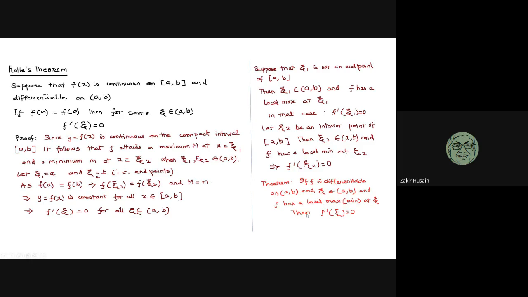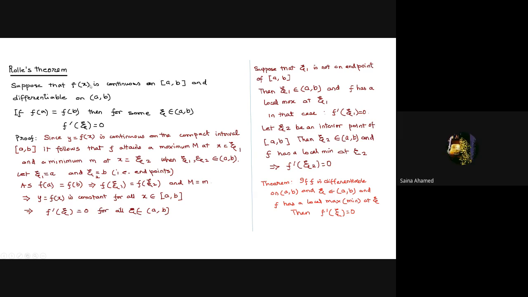In that case, f prime psi will be 0. So f is differentiable within this range, psi belongs to this interval, and the local maximum or minimum occurs at x equal to psi. Then we are going to have satisfied this condition, f prime psi equal to 0.